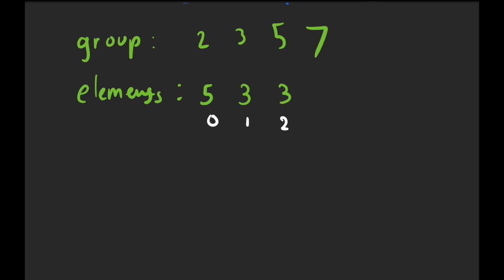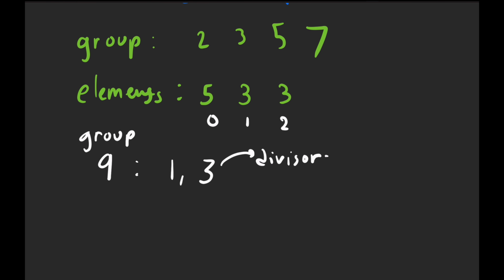Here, consider, let's say if we have 9 as a group number, then this has 1 and 3 as divisors. Which of these two index we are going to assign for this 3 divisor to 9 group? We are obviously going to assign 1 because it's a minimum index.